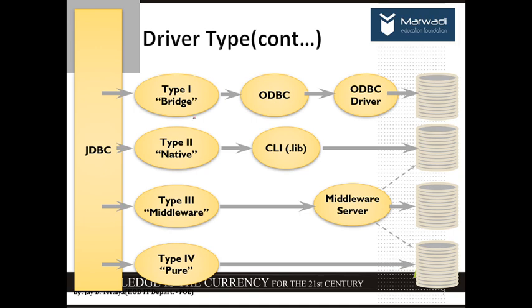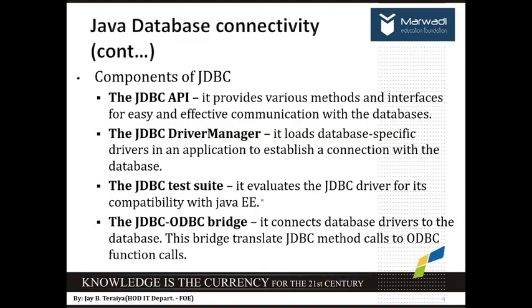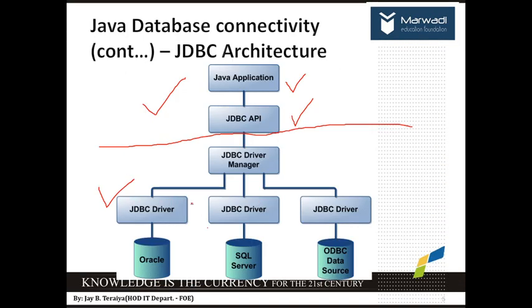These are type 1 JDBC-ODBC driver, type 2 native API driver, type 3 middleware server, and type 4 pure Java driver. We have gone through the advantages and disadvantages of each type of driver, and this is a very important question for technical interviews, theoretical exams, as well as practical viva.